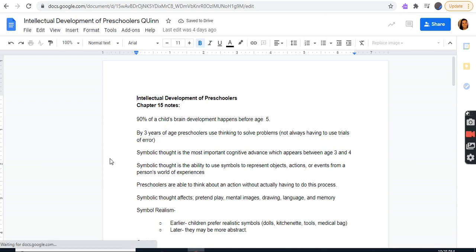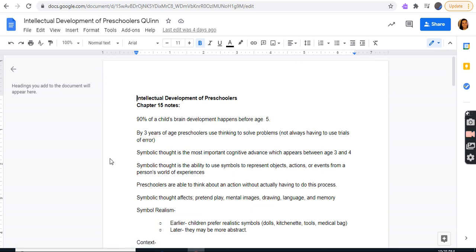All right, let's talk about the nodes real quick. So, 90% of a child's brain development happens before age 5. By 3 years of age, preschoolers use thinking to solve problems, not always having to use trial and error. Most kids don't know math, but some kids do.